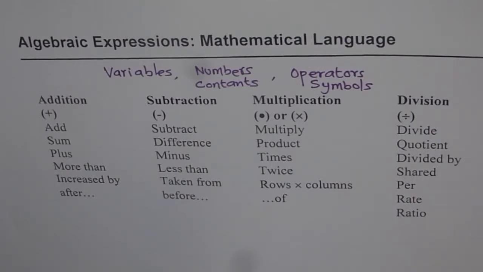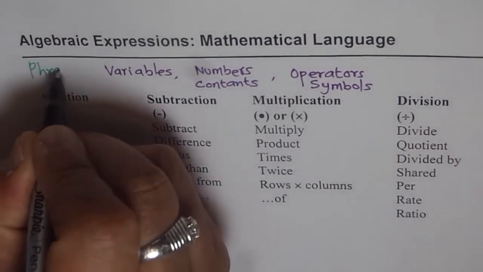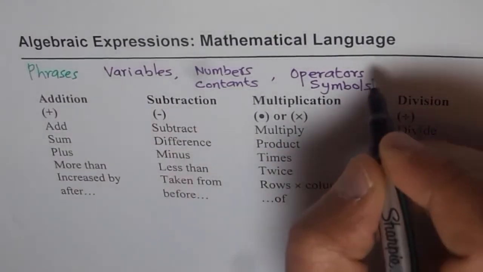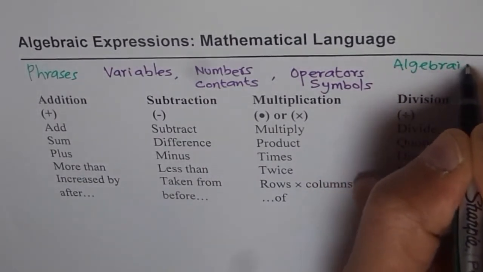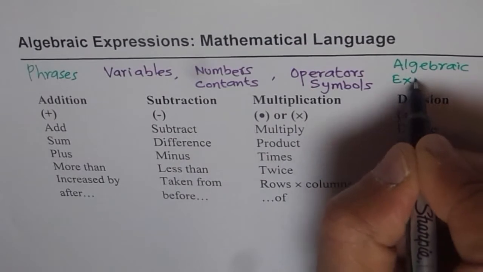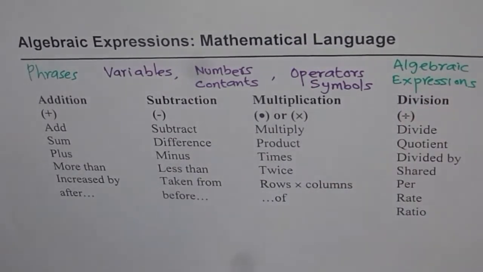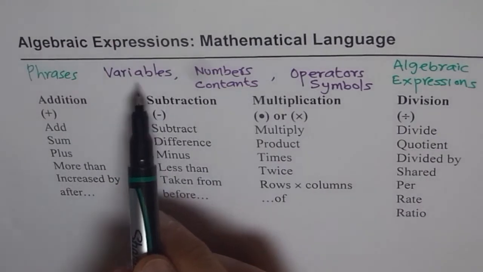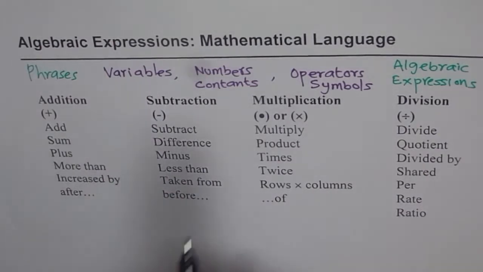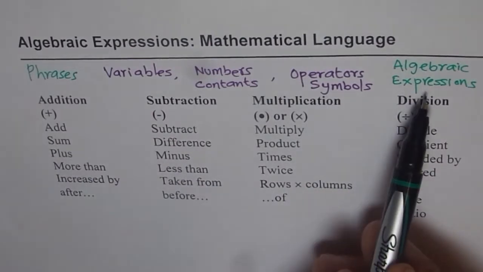So with these things, we converted phrases into algebraic expressions, right? This is what we did in a couple of videos. We started with a phrase, introduced variables with the let statement, and then combining numbers and operational symbols, we got one expression.